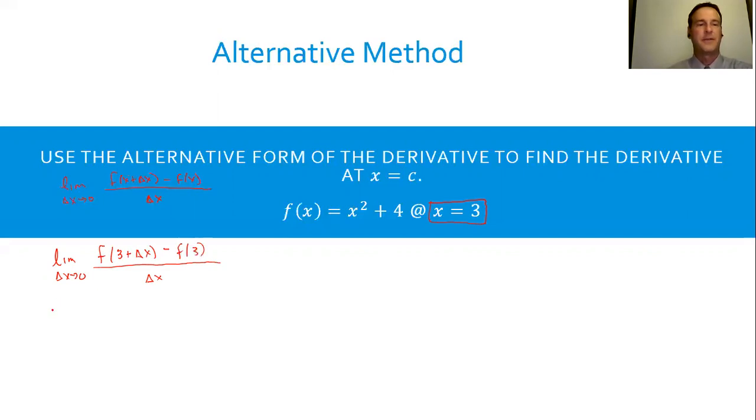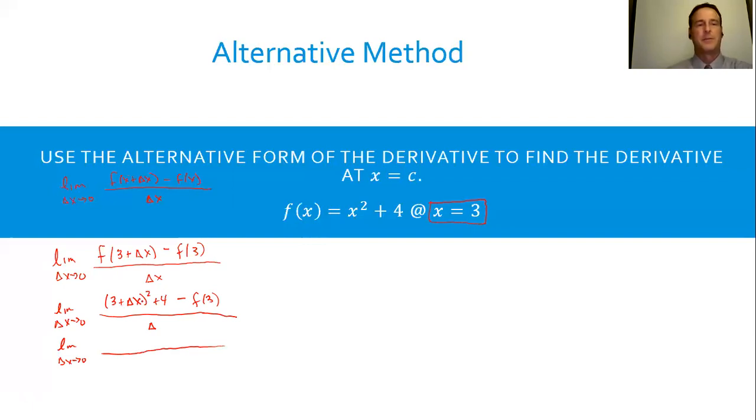All right, so what does that mean for us? Well, what it means is I'm going to take this 3 plus delta x and input it into my f of x. And then I'm just going to work it out like I would any other math problem, like we've been practicing.